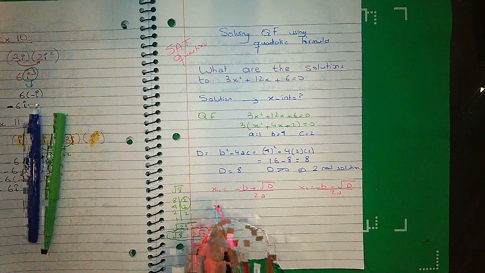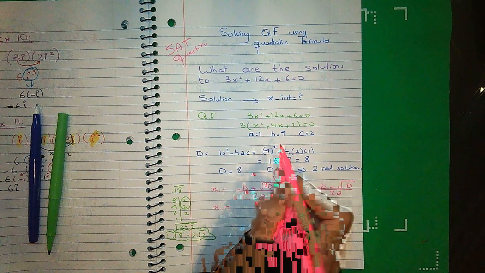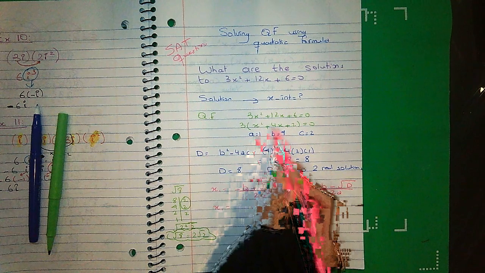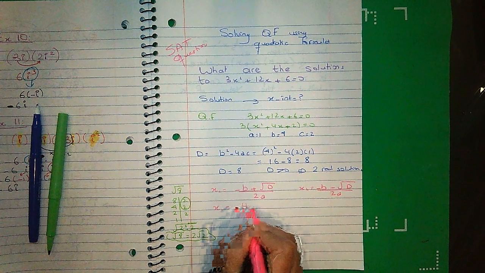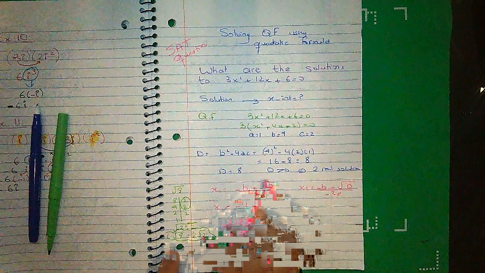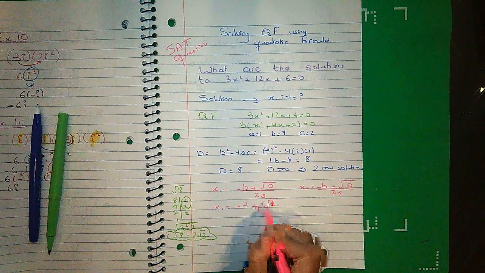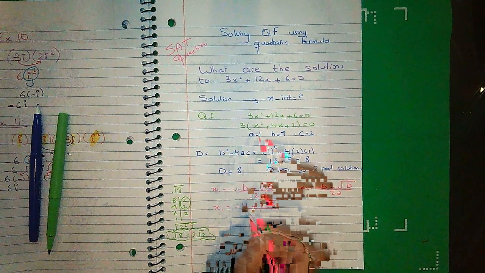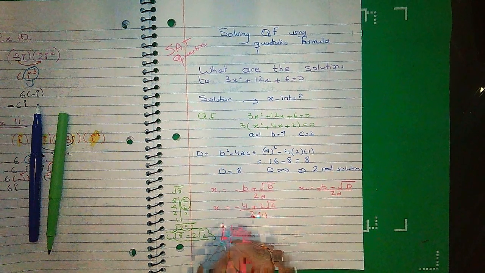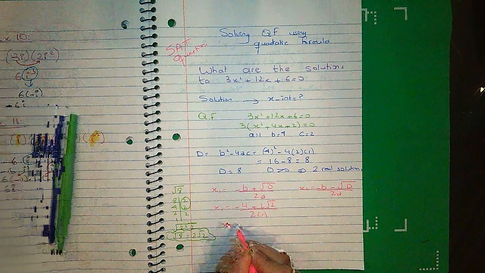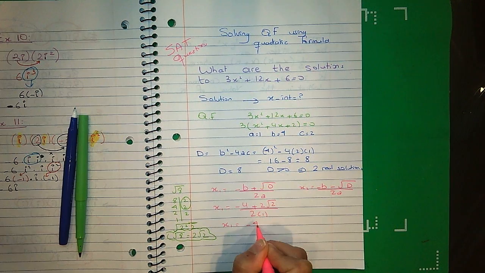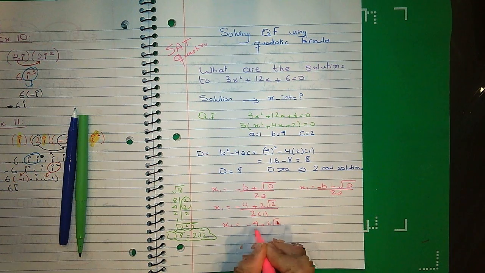Now we're just going to plug in the b, the d, and the a into the equation. So x1 equals negative b, which is negative 4, plus the square root of d, which is 2 square root of 2, over 2 times 1. So x1 is negative 4 plus 2 square root of 2 over 2.